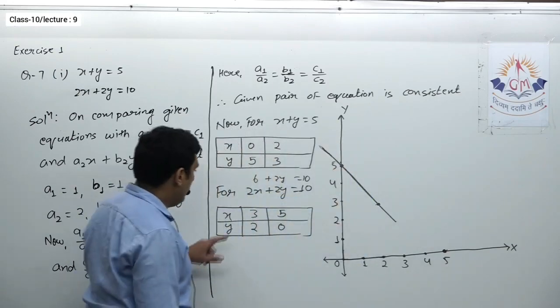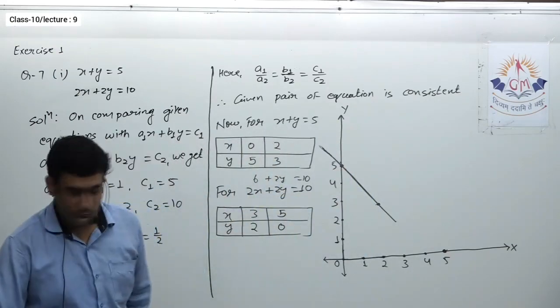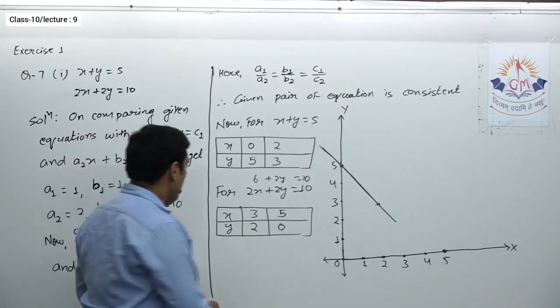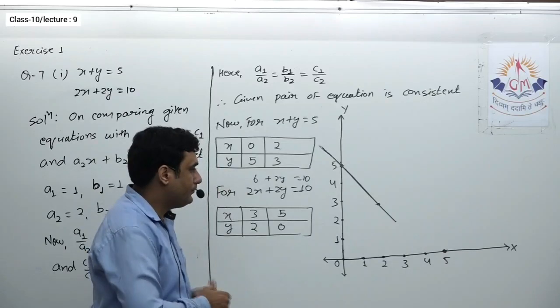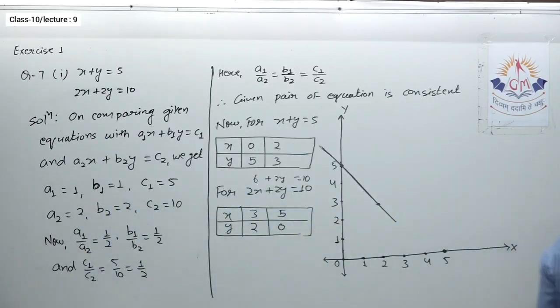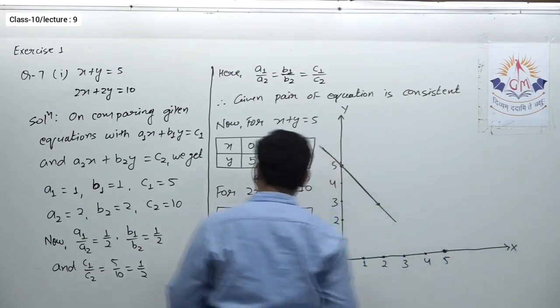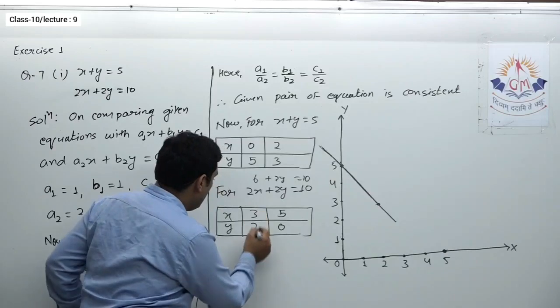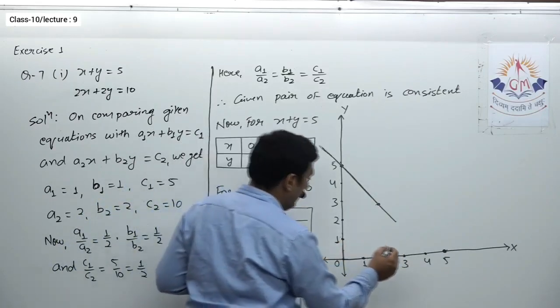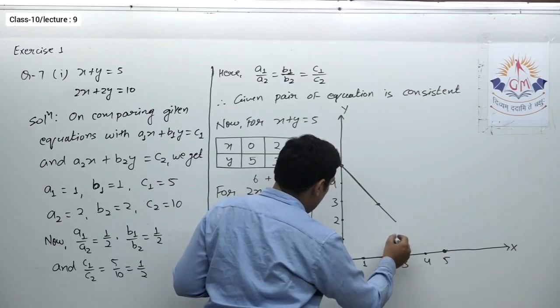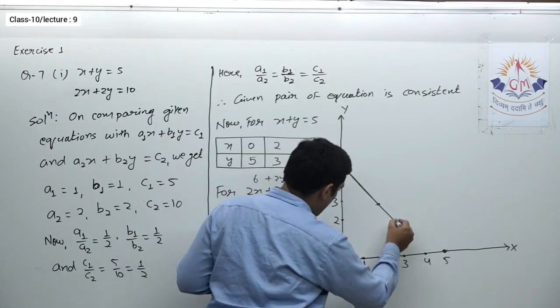Now for the second equation, I'm using a different marker. So 3 comma 2, x 3 y 2.